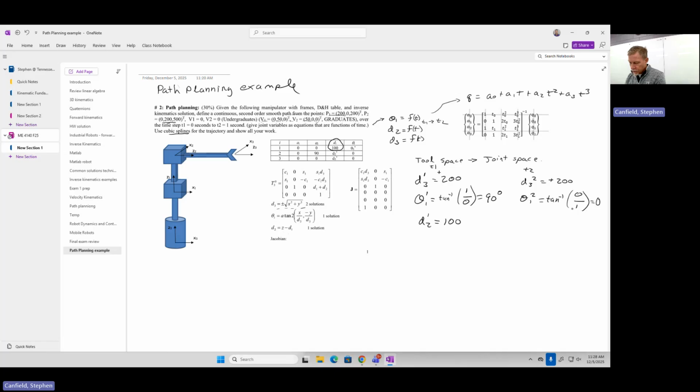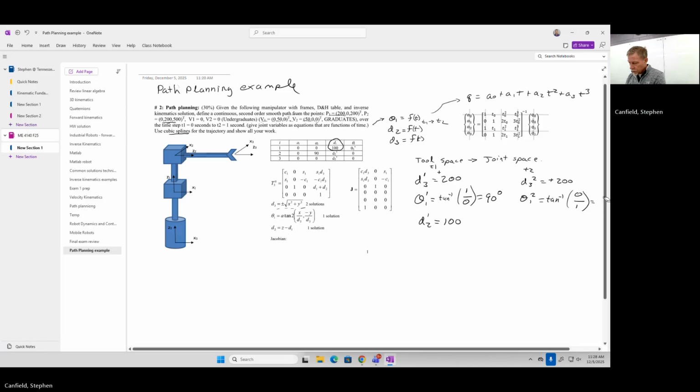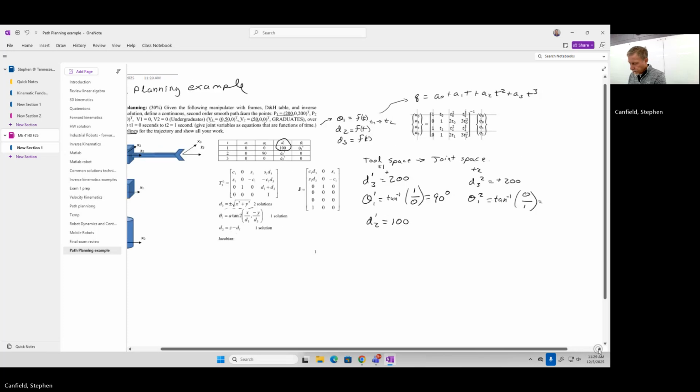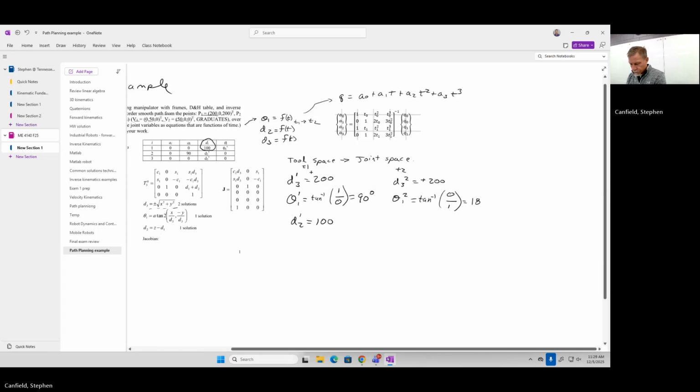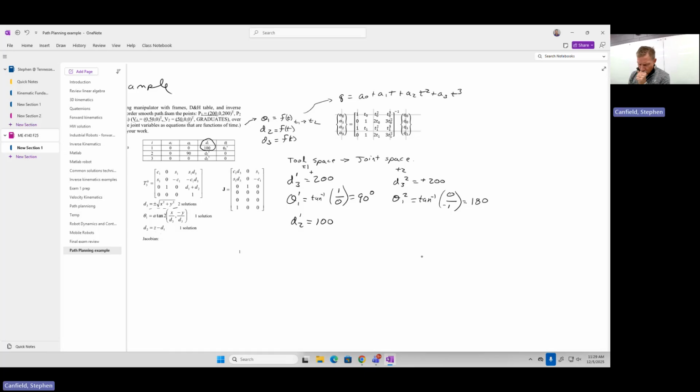So that's 0 over negative 1. x is 0, y is 0, run is negative 1. So that's 180, since I had a negative here. I think I've got that correctly.